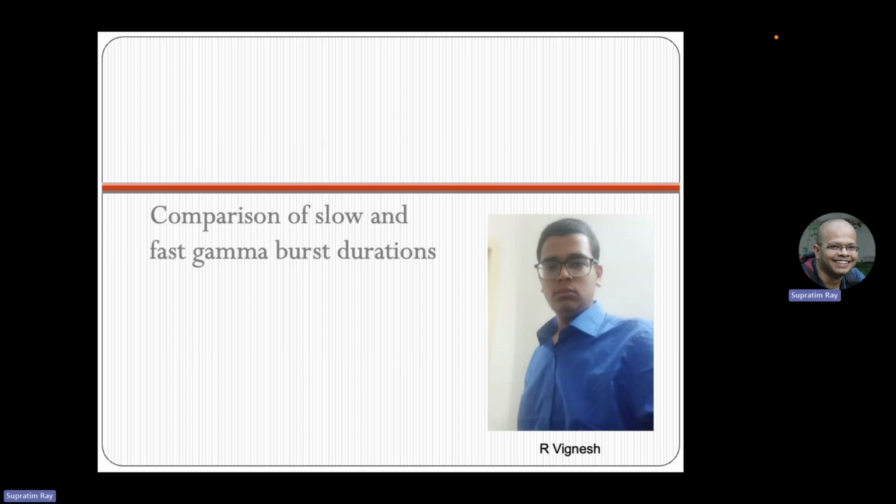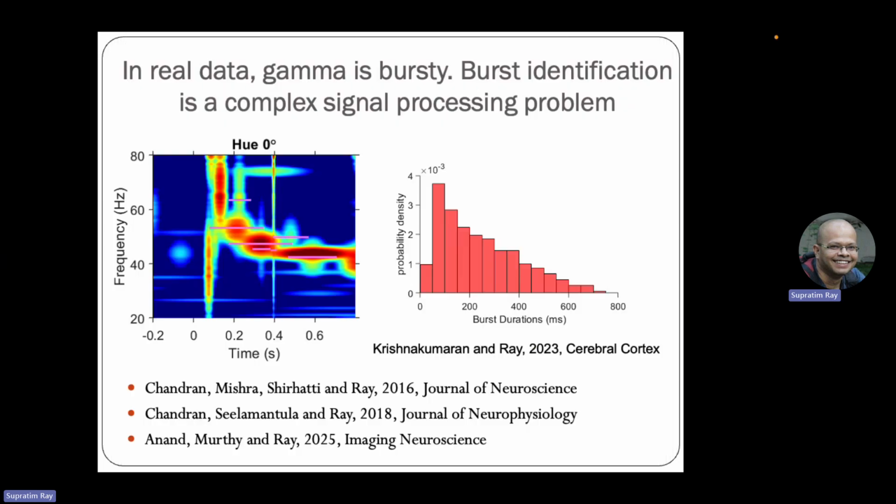So I'll finish off by telling you about Vignesh's work. Vignesh was an undergrad, like many of you, and this was his grant proposal. He said, okay, I'm going to look at bursts of gamma oscillations, because even though it looks like one continuous wave, it's actually not.